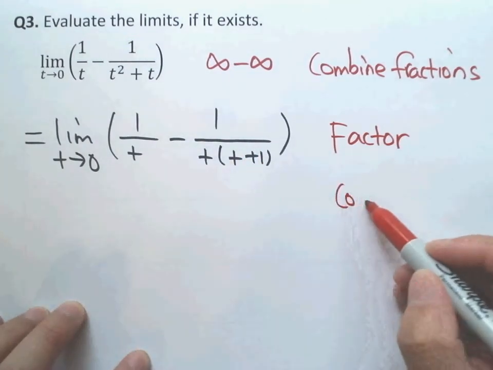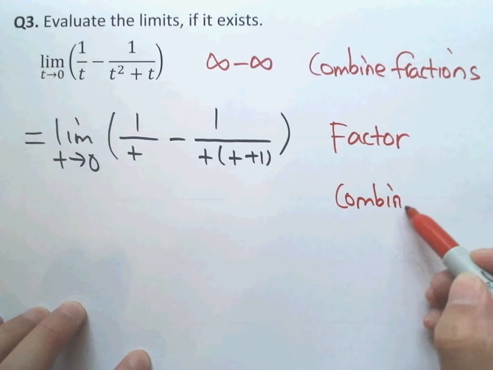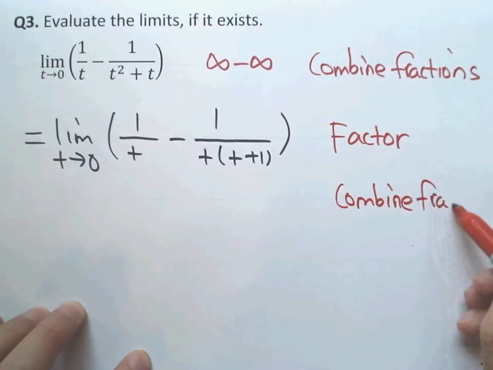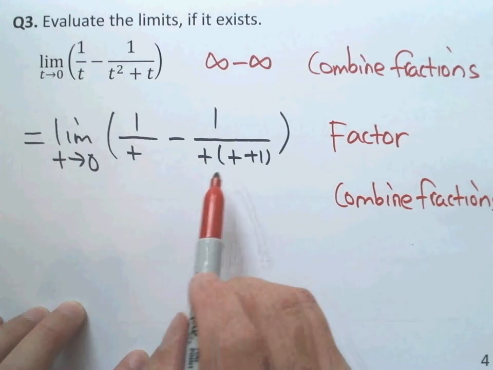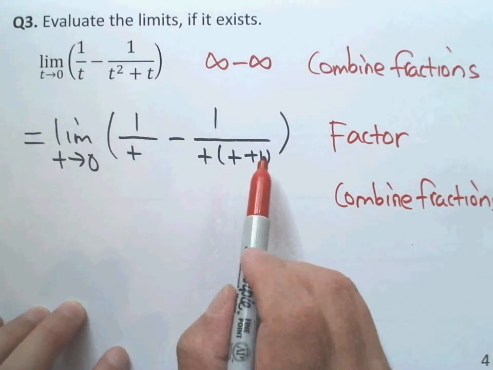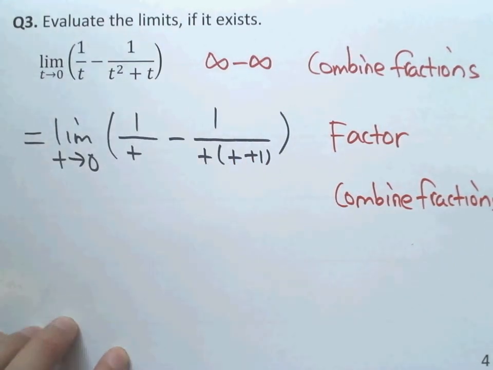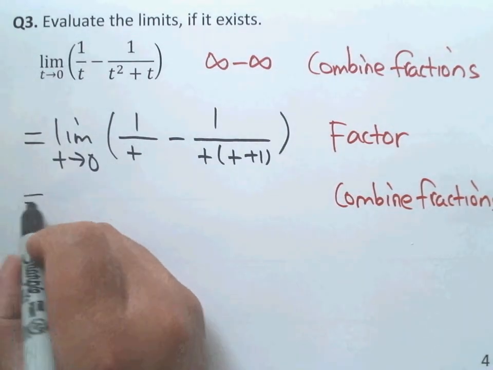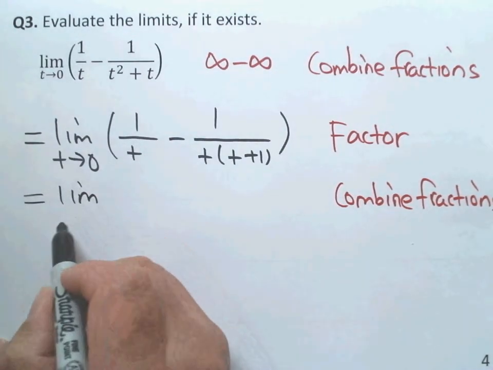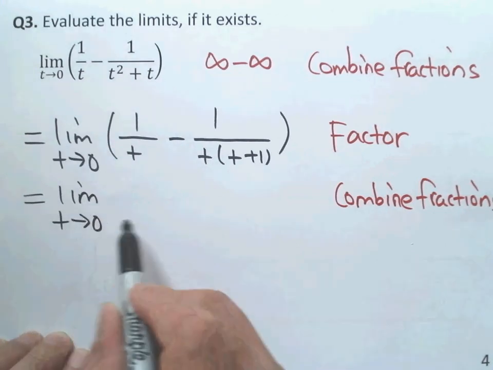The second is to merge them together, a compound fraction. Now you know how to do that. Find the common denominator, which is t times t plus 1. That's the least common denominator. Let's merge these two together and see what we get.